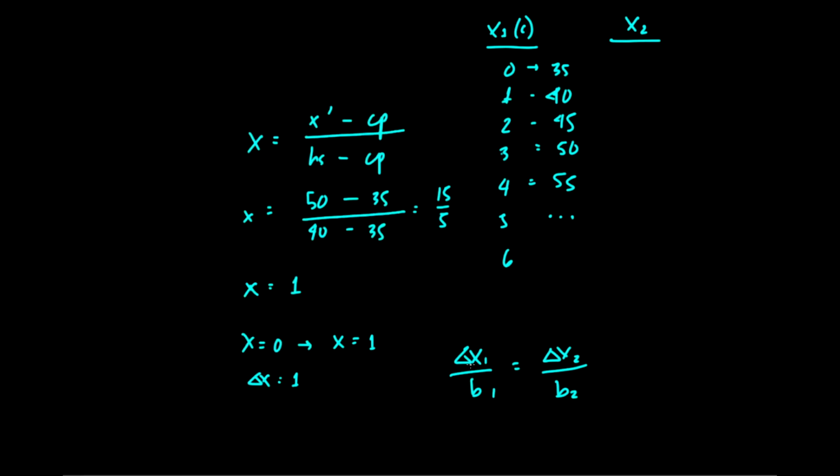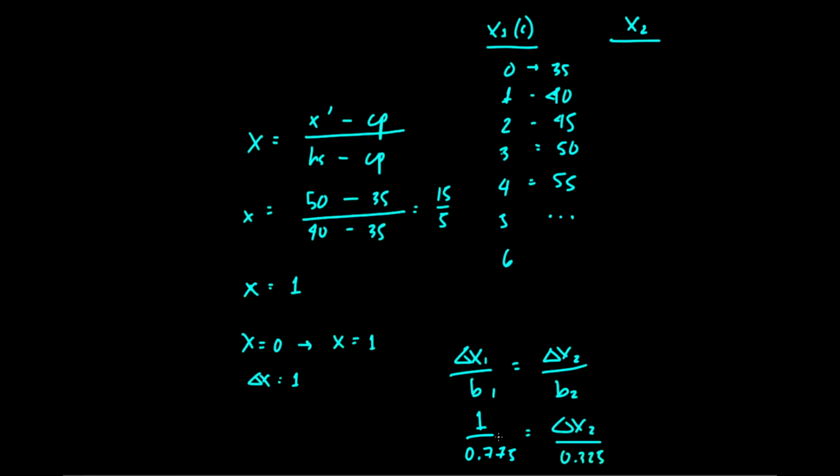Yun yung parang sinasabi dito. Okay? So, if you use 1 over 0.755 ata yun eh. Ito. If you use 0.775 is equal to delta x2 over 0.325.